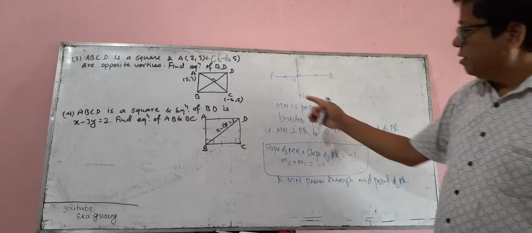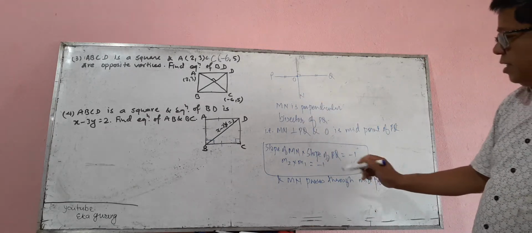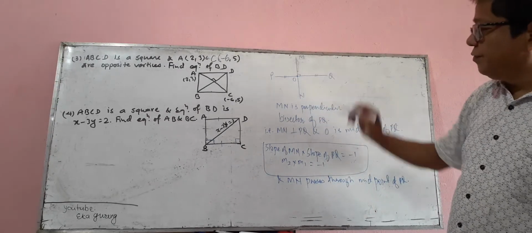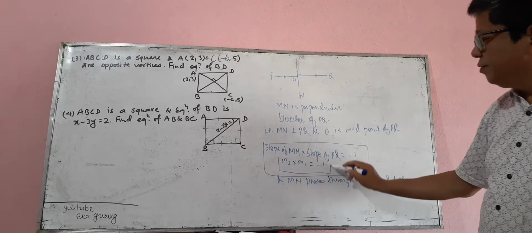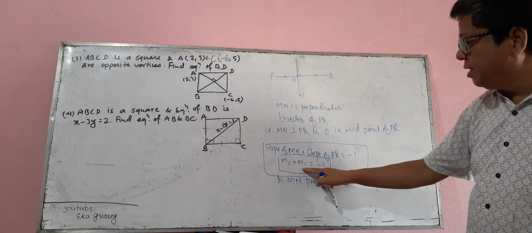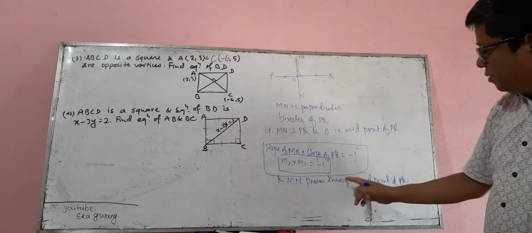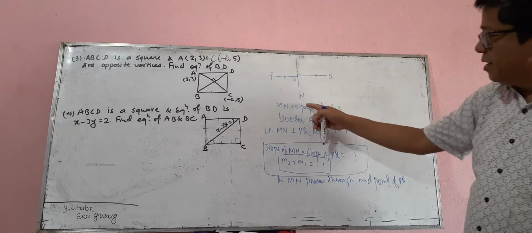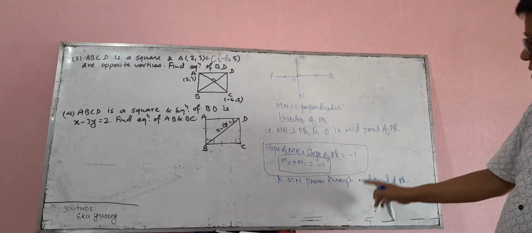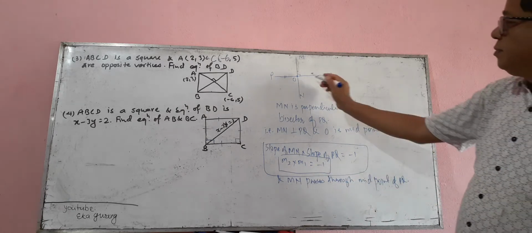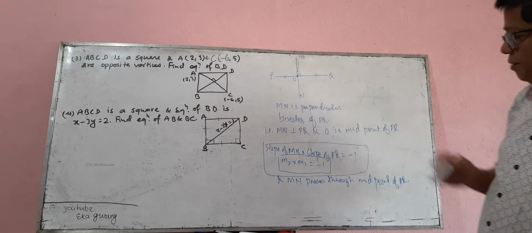This is another consequence of this result. So to find the equation of MN, we use this relation to find the slope of MN, and to find the point through which MN passes, we use the midpoint formula because O is the midpoint of PQ.